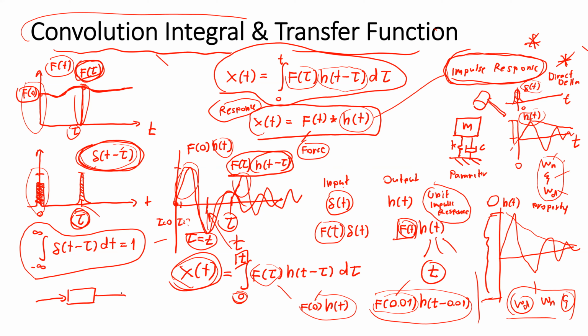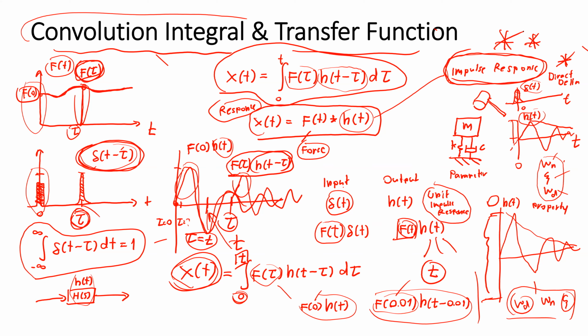You can see that the system itself has the impulse response as the system. When we need to explain a system, we can explain it by the impulse response, h(t).